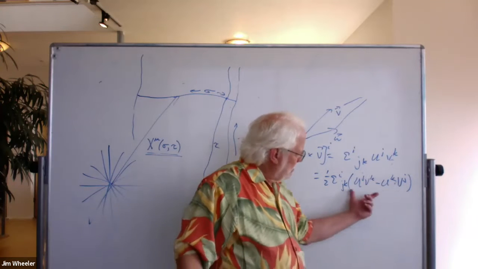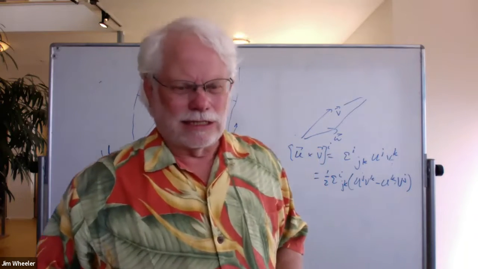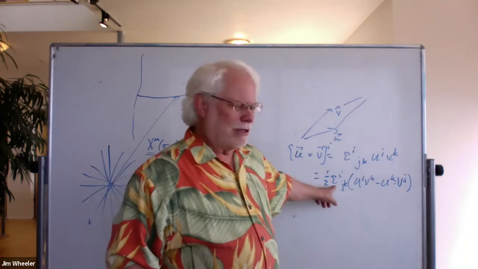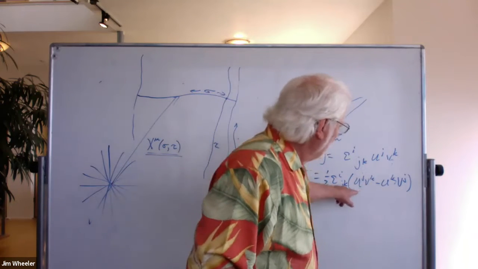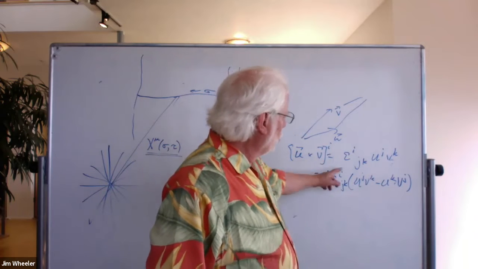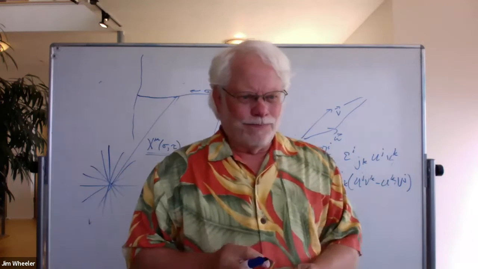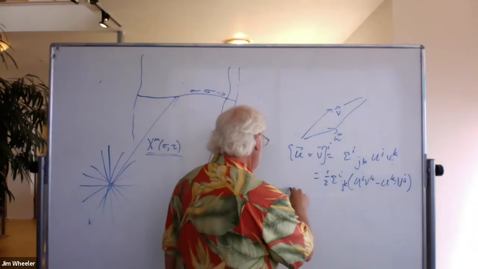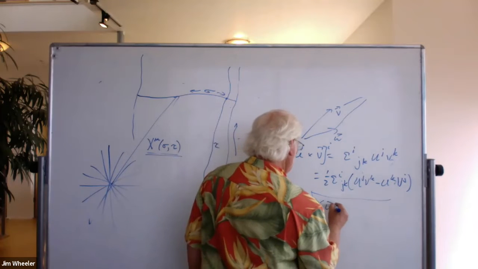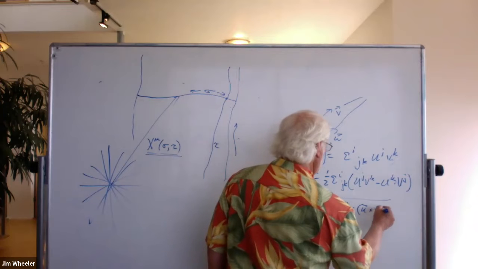And you see the anti-symmetrization of the components of the two vectors is what essentially is giving us the area. This epsilon only exists in 3 dimensions. So turning that anti-symmetric product of two vectors into a third vector normal to those two happens only in 3 dimensions. But if we want the area, that's going to be the square root of u cross v dotted with u cross v.